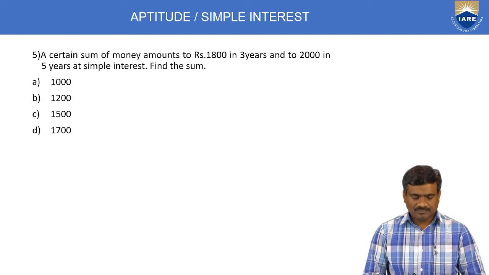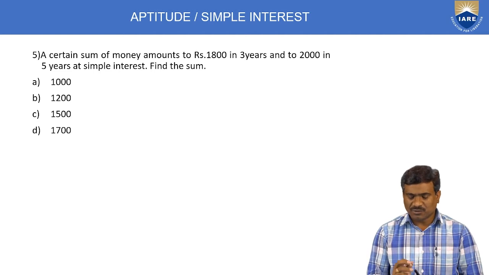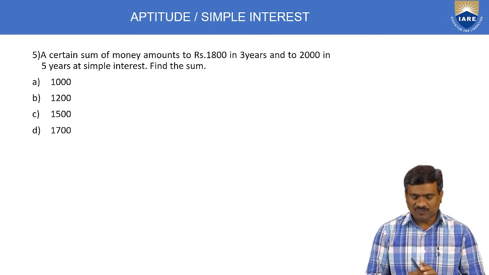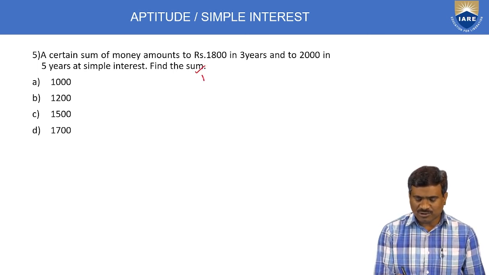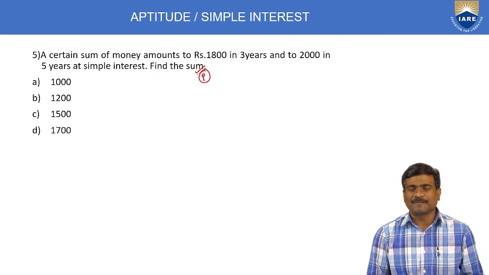Next, fifth example. A certain sum of money amounts to rupees 1800 in 3 years and to rupees 2000 in 5 years at simple interest. Find the sum, that is, calculate the principal amount P. Option A 1000, B 1200, C 1500, D 1700.